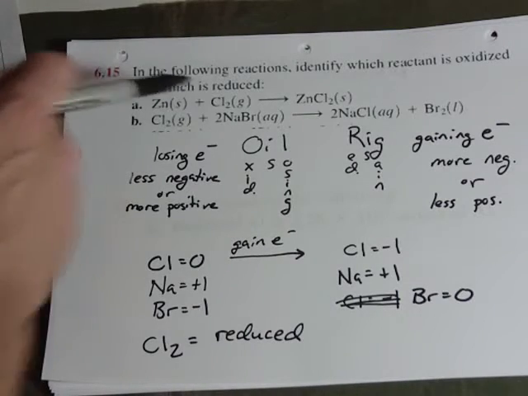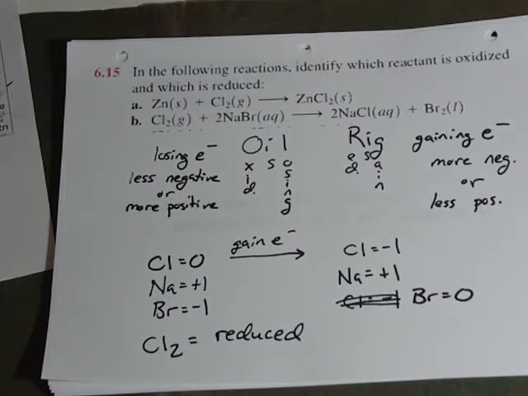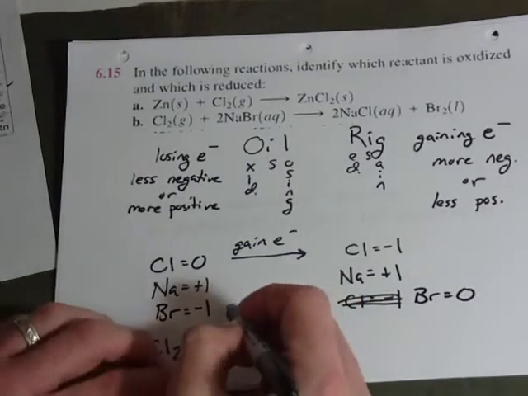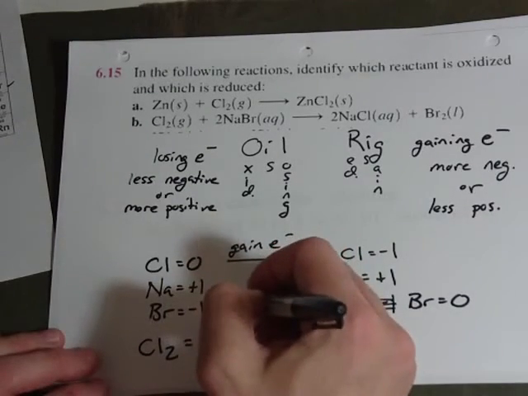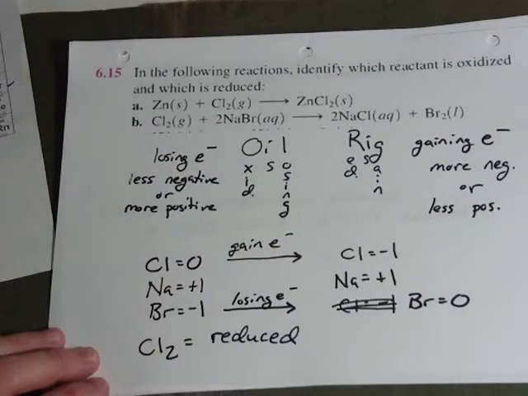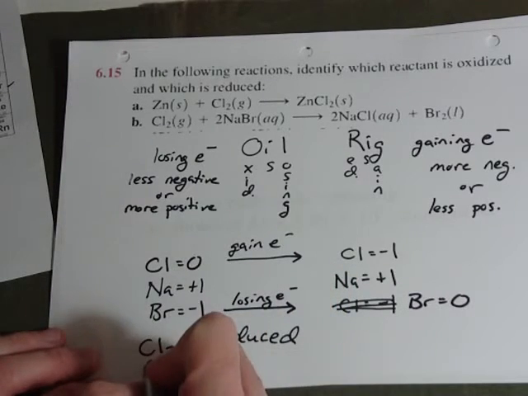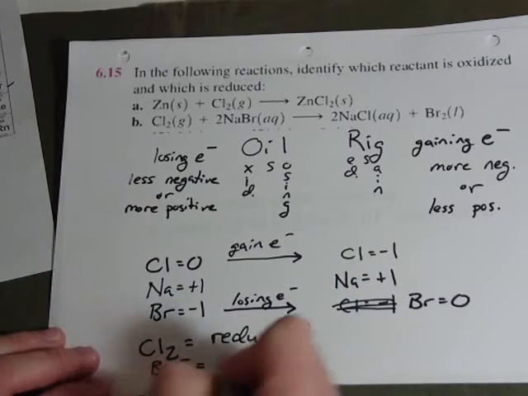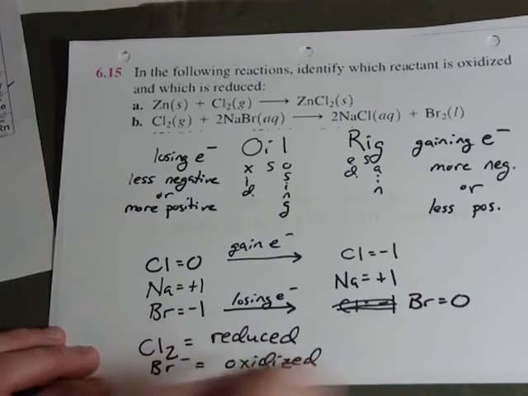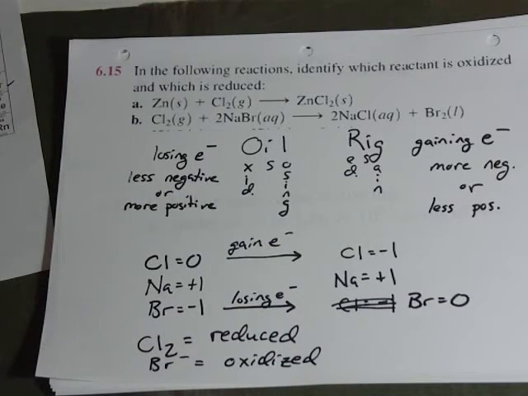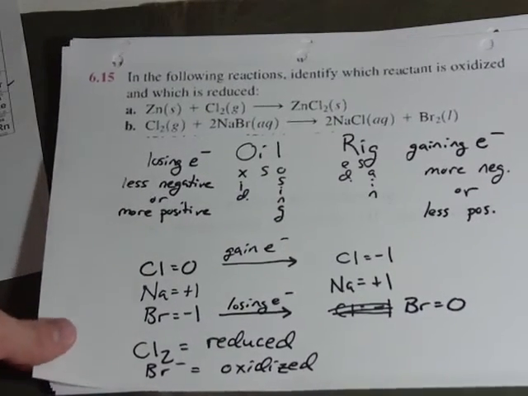And here, the bromine is going from negative 1 to 0. And so the bromine is losing electrons. And so then the Br minus is being oxidized. And so that's how you do 15b.